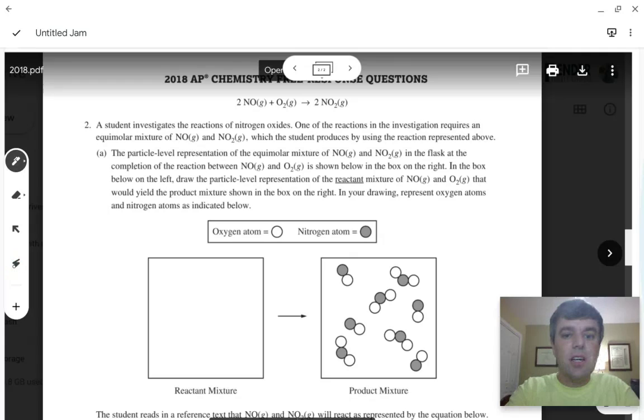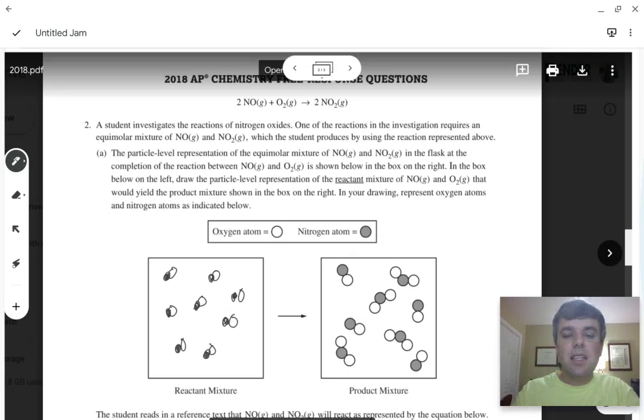So we need to draw our 8 nitrogens, and each one of them was combined with an oxygen.